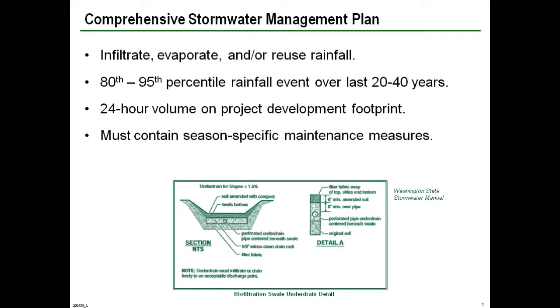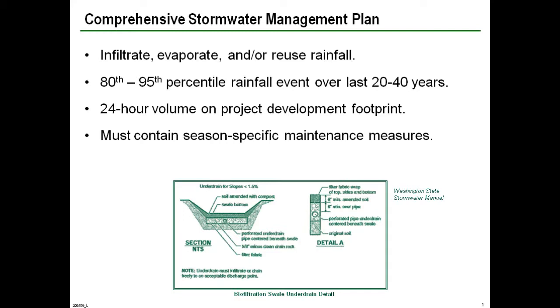GIB Credit 8 calls for a comprehensive stormwater management plan that has these important features. First, rainfall must be infiltrated, evaporated, and/or reused. Second, projects may choose a percentile event of rainfall to manage.